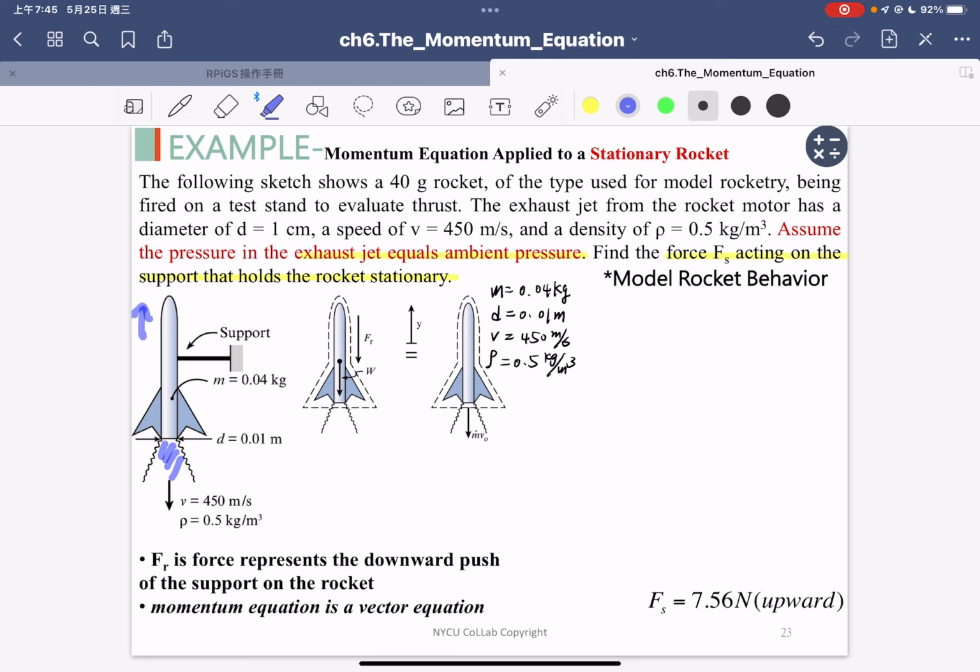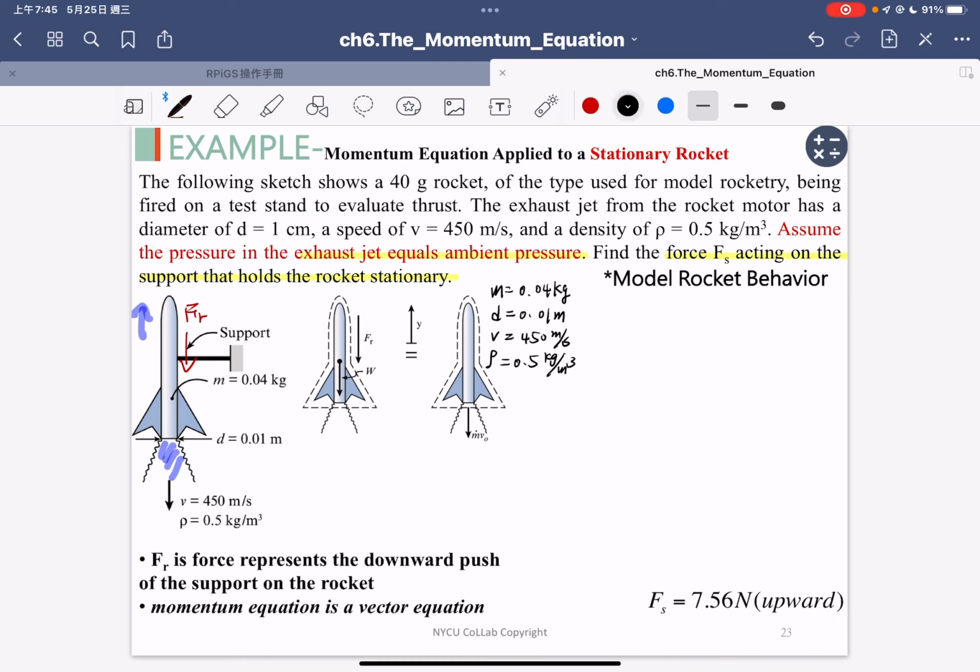So the support device will hold the rocket stationary. We just overcome the upward force with a downward force. So we have a downward force acting on the rocket to hold it stationary.